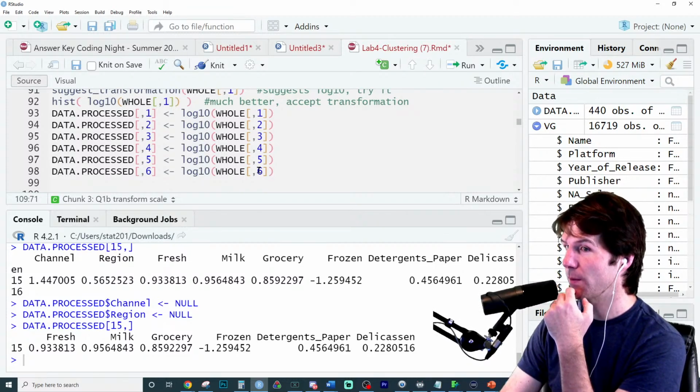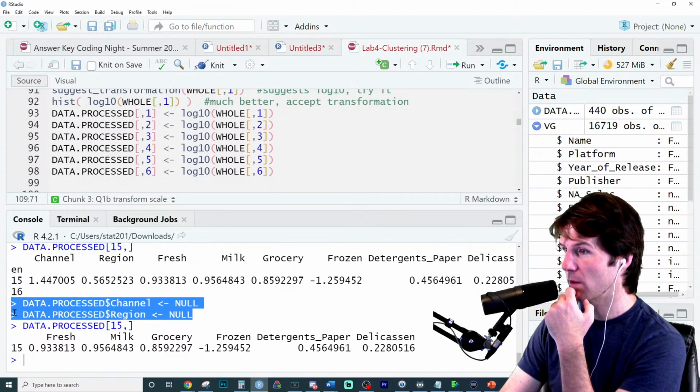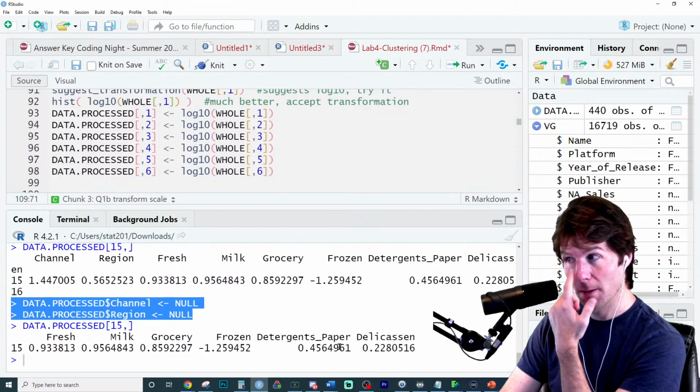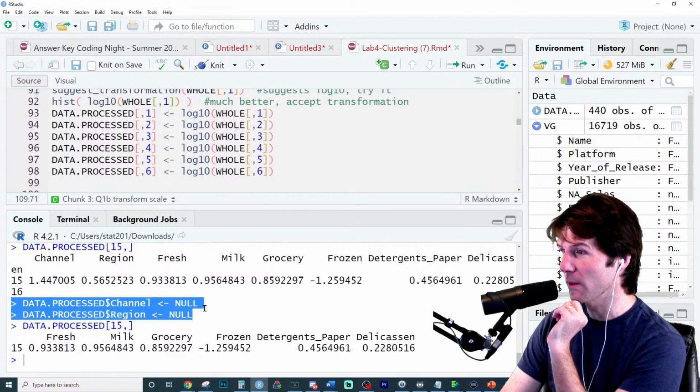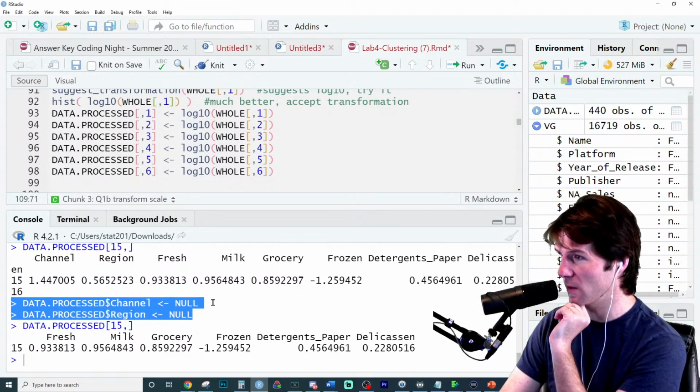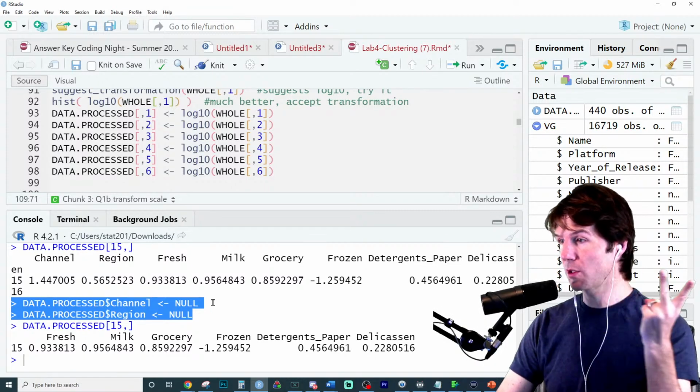I know the answer. Why did the last two of these not match the sanity check? Slowing it down, letting you see, because I see it now. The last two don't match because I didn't remove the first two columns.